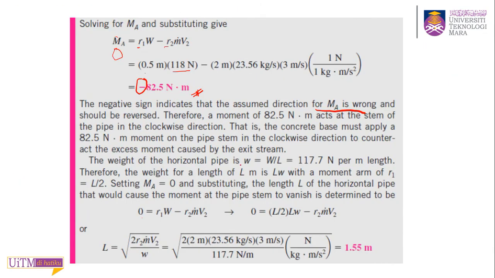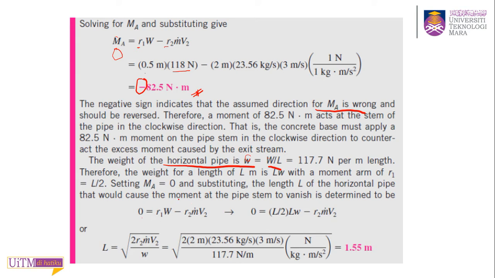So that's why you change this here. The weight of the horizontal pipe is w equal to W over L, because this gives you the weight per meter length. So this is 117.7 Newton per meter length.